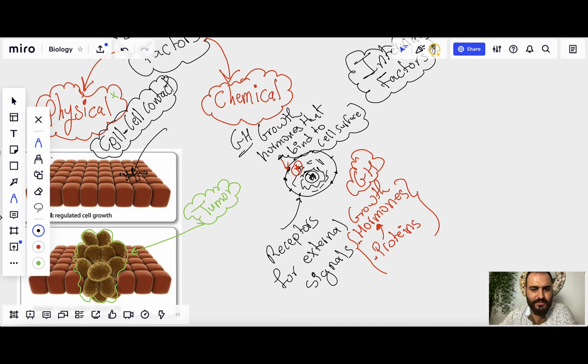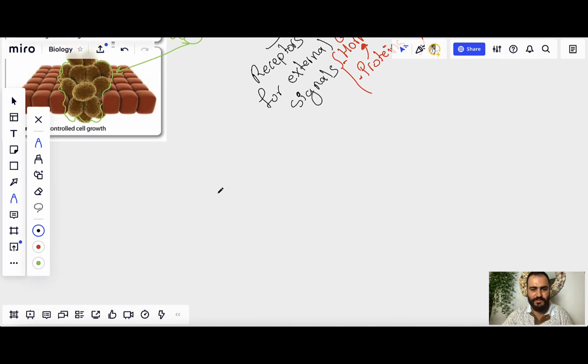As a result of this binding, they will cause more activation to other molecules inside the cell. So we have internal or intracellular signaling and extracellular signaling. Extracellular signaling is a signal that is received from outside the cell.